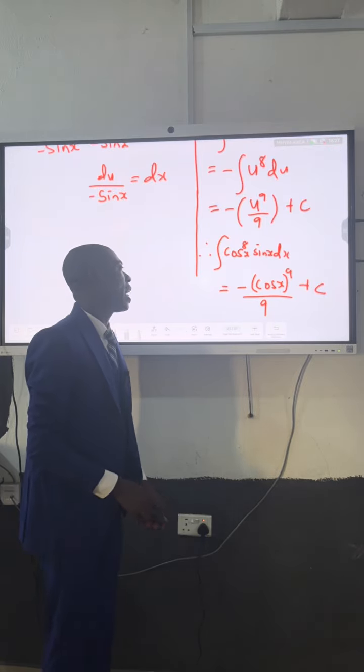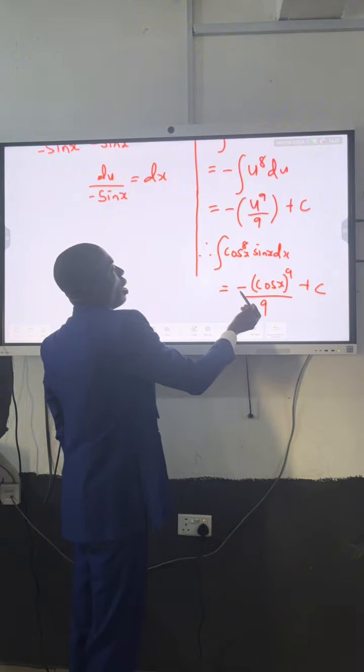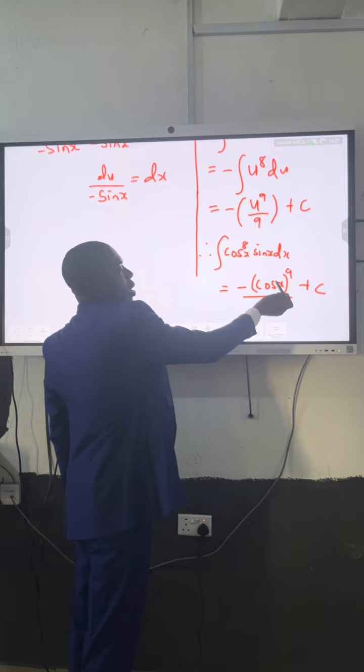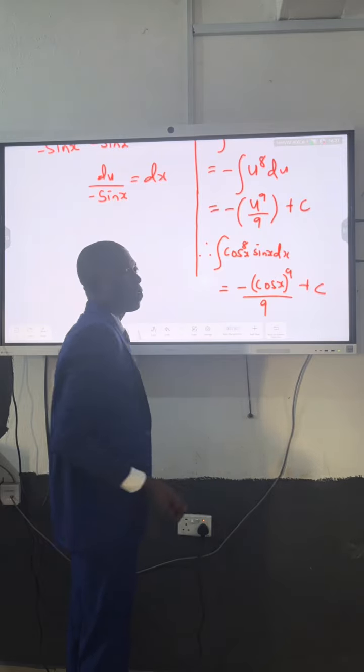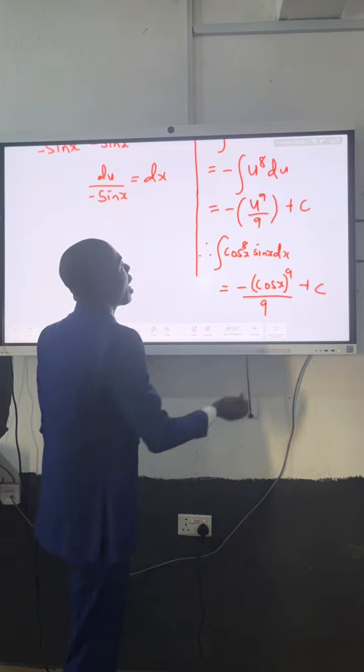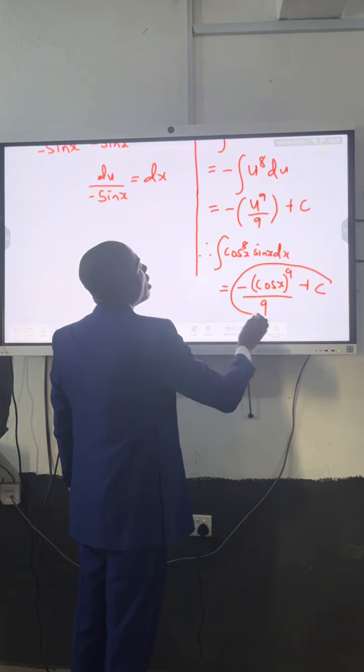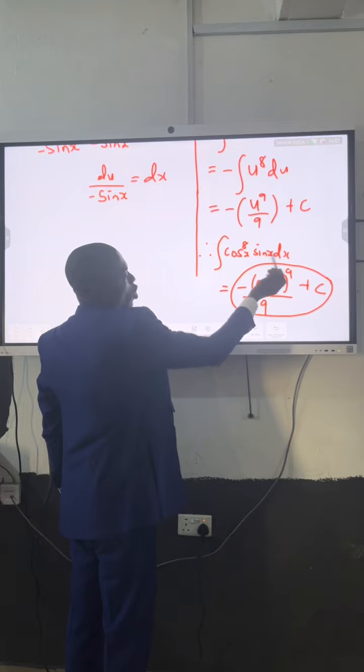Or you can write it as minus cos to power 9x over 9, whichever way you want. This is the answer to the question we just answered.